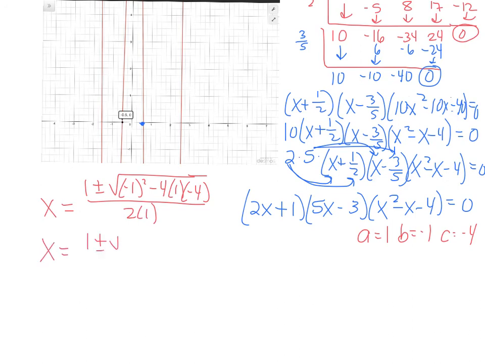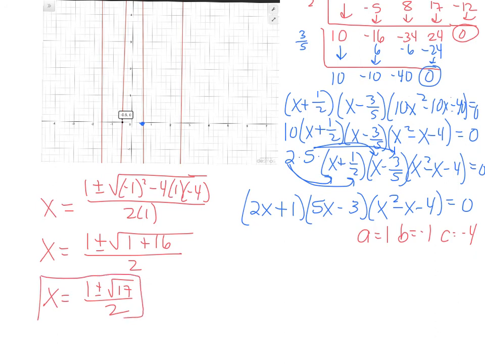So 1 plus or minus the square root of 1 plus 16, over 2. So 1 plus or minus the square root of 17, over 2. 17 is prime, so I can't break it down, so here are my exact solutions.